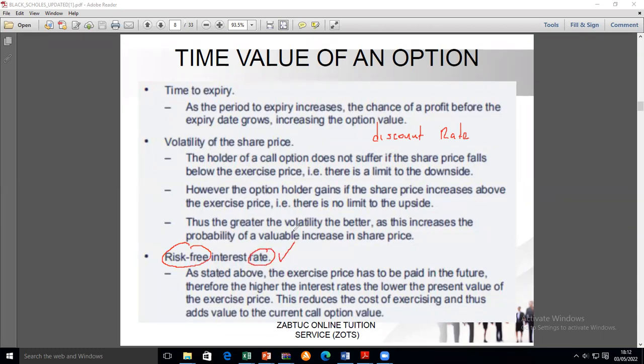As stated above, the exercise price has to be paid in the future. Therefore, the higher the interest rate, the lower the present value of the exercise price. This reduces the cost of exercising and thus adds value to the current call option. If the discount rate is high, the discount factor will be high, so the present value will be so low.